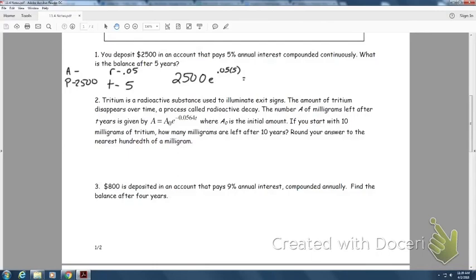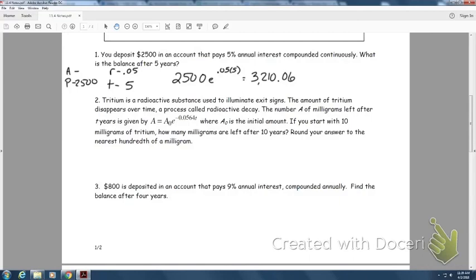If you do this one, you should get 3,210.06. Okay, did anybody not get that?